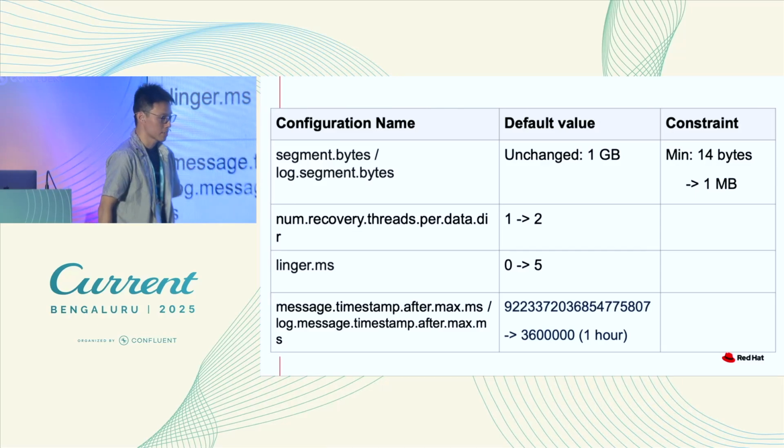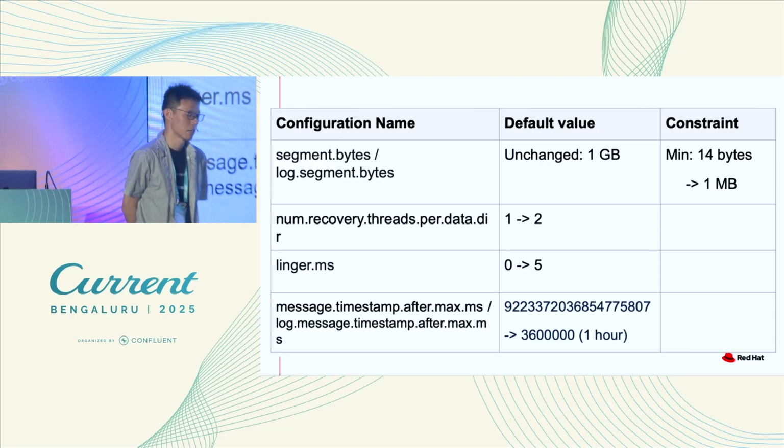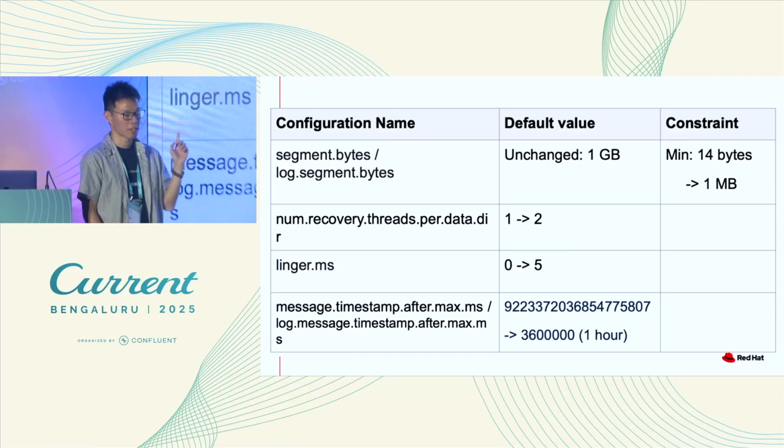The other change here is the recovery thread number. This is the number of threads users can control when the Kafka broker is doing log recovery. And we all know that when doing log recovery, the broker is not accepting any client requests.